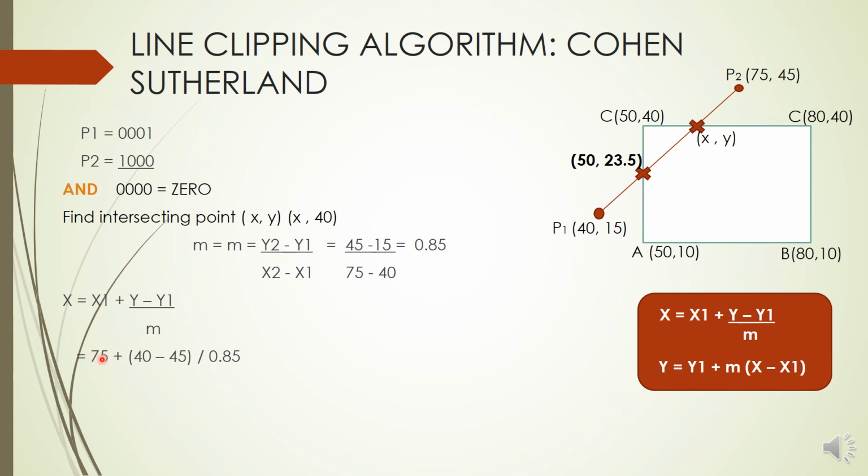So x1 is 75. From this formula, x1 75 plus y, where y here is from the yw maximum, which is always 40, and then minus y1. y1 is 45, and then divide by m, which is 0.85 here.